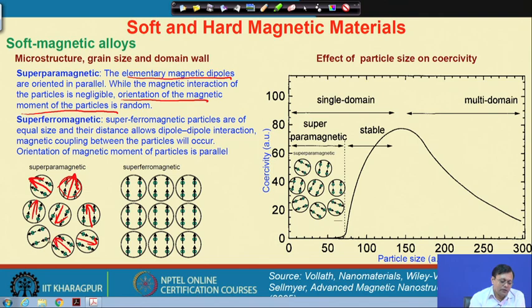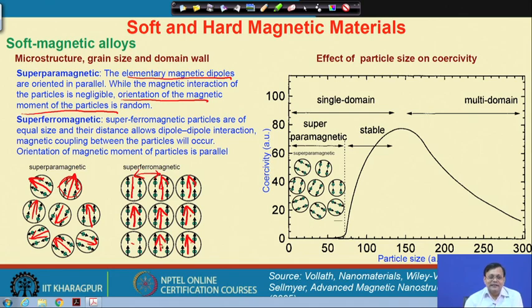So, random orientation of the magnetic moment, whereas I can also produce the same kind of microstructure. However, what I need is that individual grains or the domains here are at equal distance. Okay. They are aligned at equal distance, as well as the magnetic moments are aligned in the same direction of the individual grains or individual domains, because I have a single domain in a single grain.